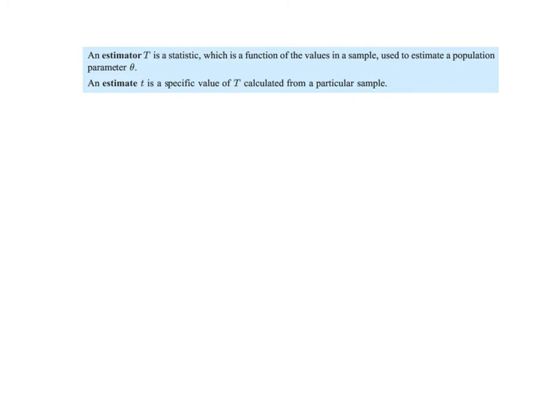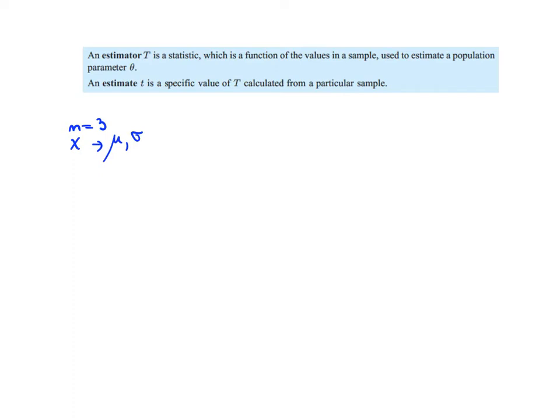Let's assume random samples of size 3 are taken from a population X with mean mu and standard deviation sigma, or variance sigma squared. And I want to estimate the mean of the population.